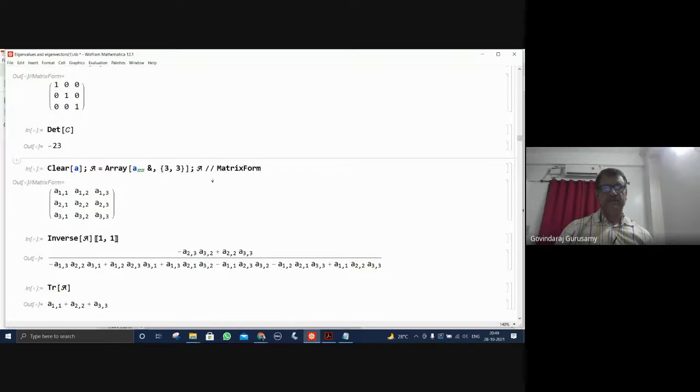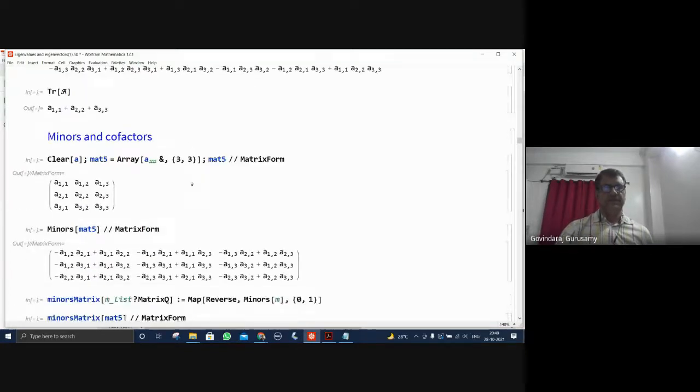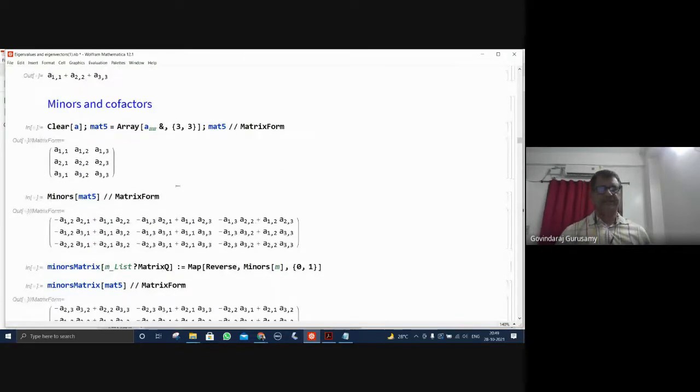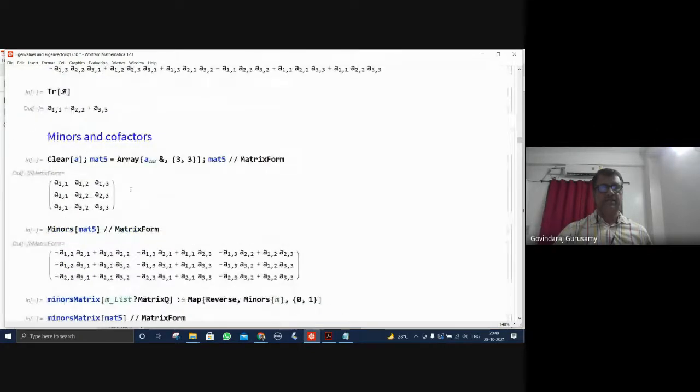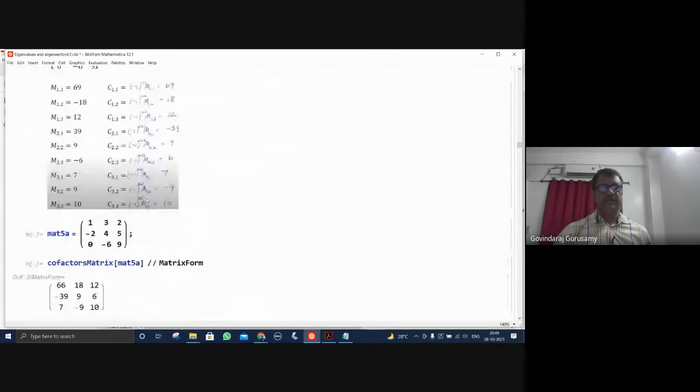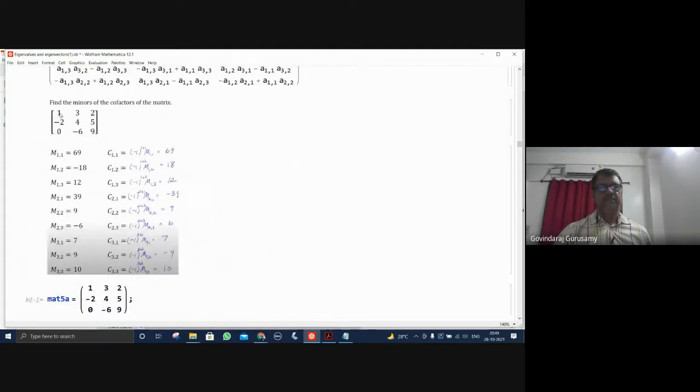We will be doing it. Okay. So this is the inverse part of it. So minors and cofactors. Minors and cofactors are easy. Just have a look here. This is the matrix.